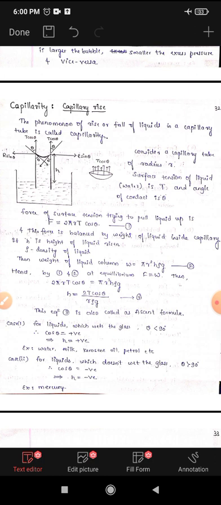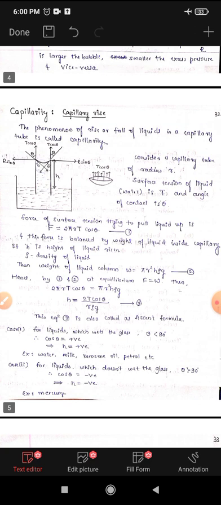When we dip the capillary inside the liquid, it rises to some height, and when we draw a tangent from the point of contact to the surface inside the liquid, the angle formed is the angle of contact, which we note as theta.